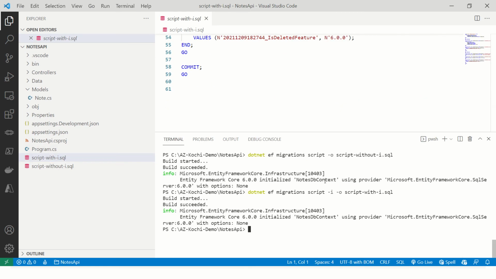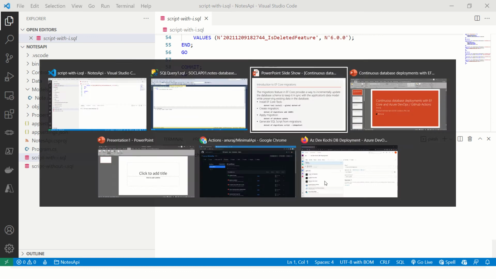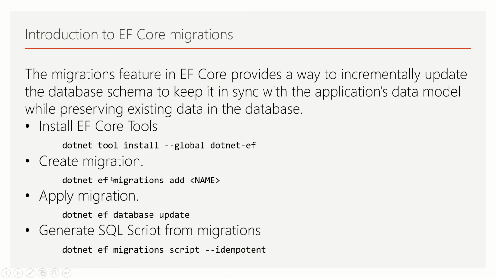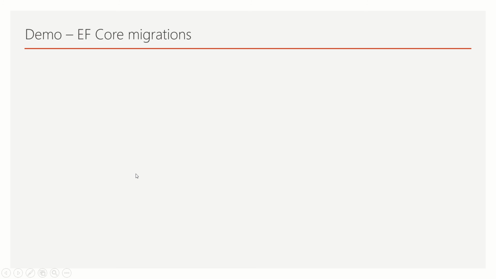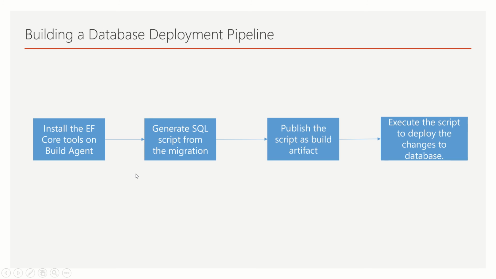Okay, now let's go back to the demo. So we explored all those things. We did the demo. So let's look into how to build a database deployment pipeline. Whatever we did in the demo, we have to do in the pipeline.